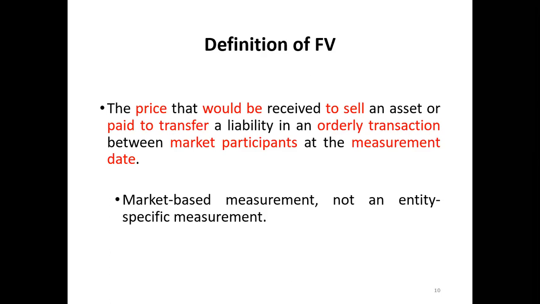But in certain circumstances, that fair value may not necessarily be available. In that case, you look at the future cash flows, discount them by a market rate, and establish the present value today, and that is going to be the value of the liability.